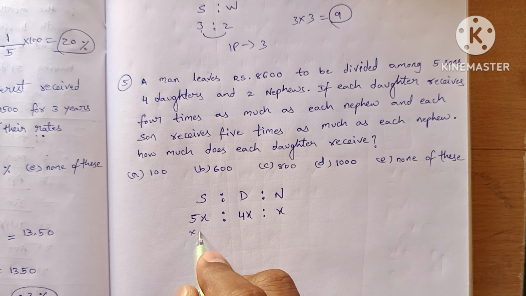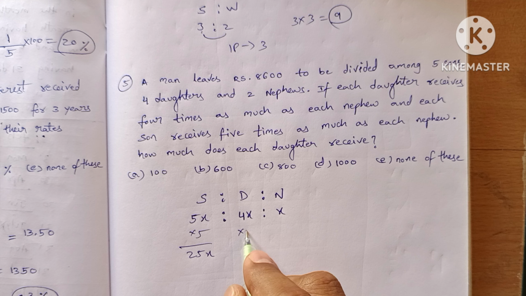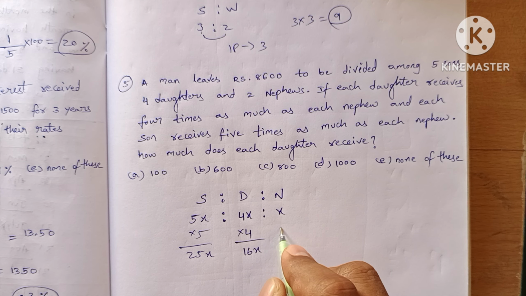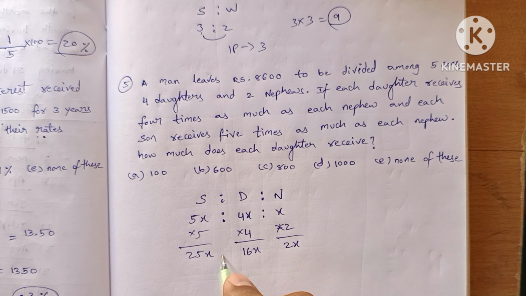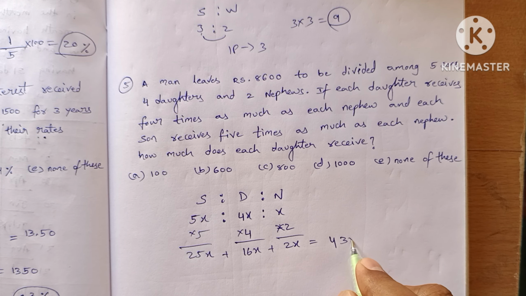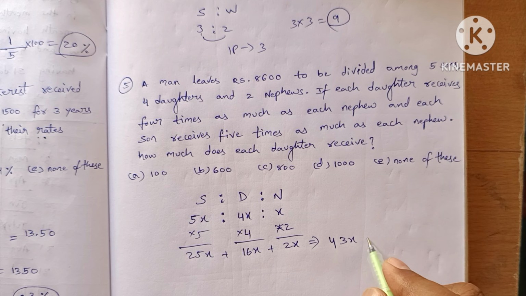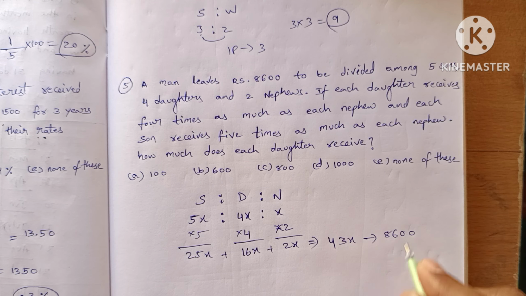There are 5 sons, into 5, 25x. There are 4 daughters, 16x. There are 2 nephews, so into 2, 2x. The total is 43x. We got 43x. This 43x total equals 8600.